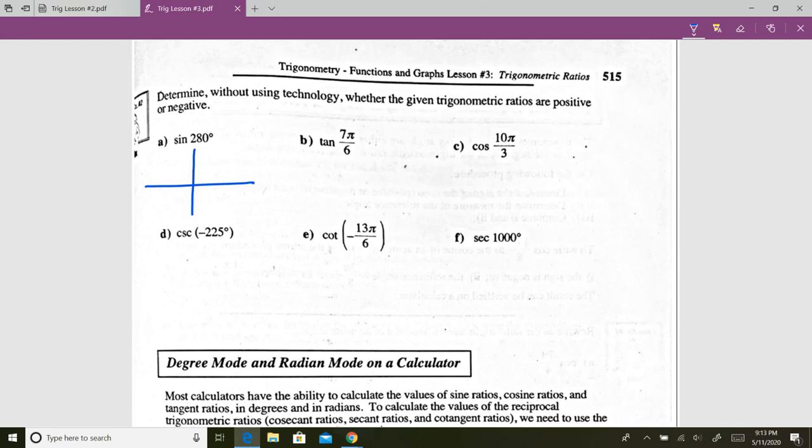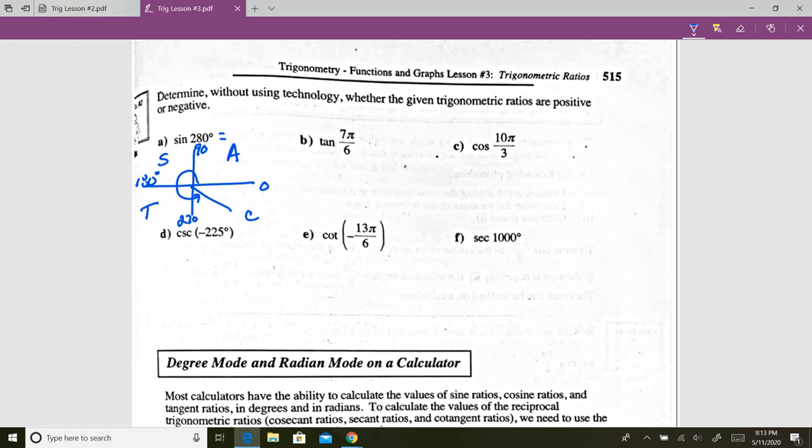280 degrees. Which quadrant do I end up in? I'm going to wait. Should be in quadrant 4. Hopefully you guessed that. That's 0, 90, 180, 270. I went all the way around there. Okay. Now, I don't care the value of sine 280. I just want to know if it's positive or negative. Remember the CAST rule. Add sugar to coffee. We're in the 4th quadrant.